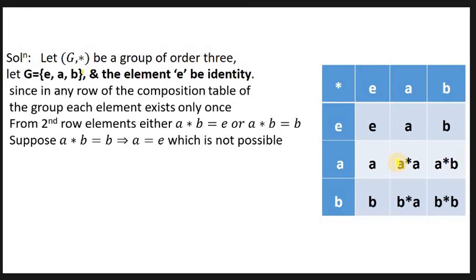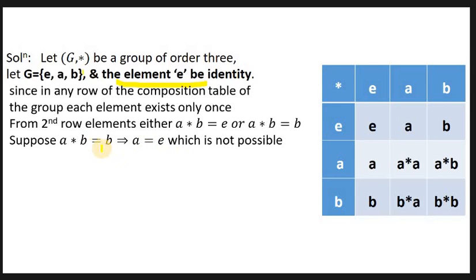Suppose A star B is equal to B, which implies A is equal to E. When you operate one element with another element and you get the same element as the answer, then that element will be the identity element, which is not possible because we have already considered that the element E is the identity element in this group.